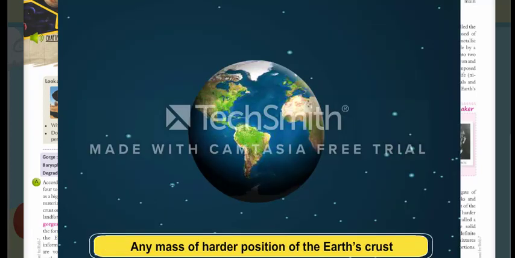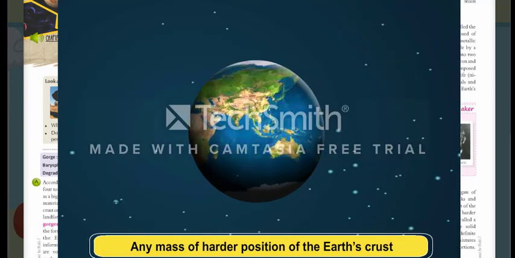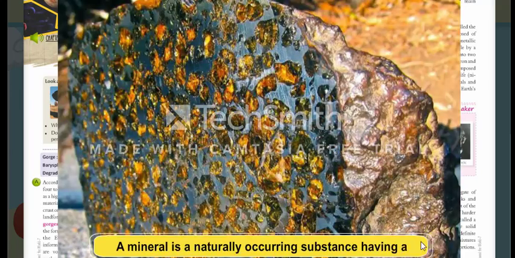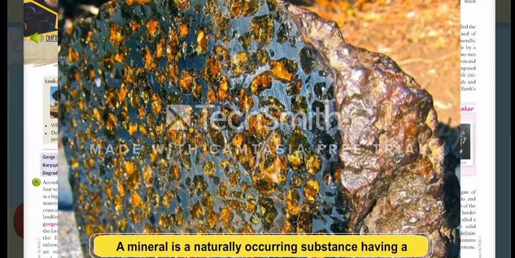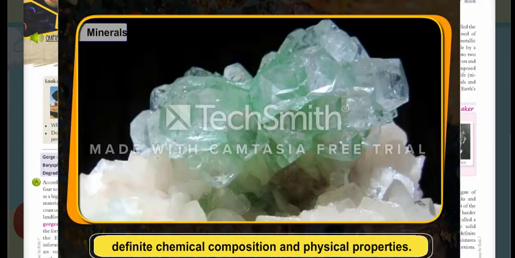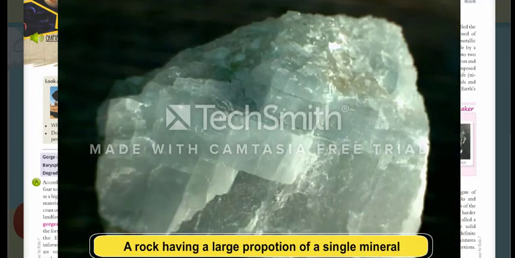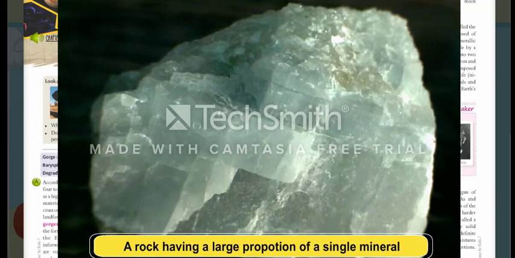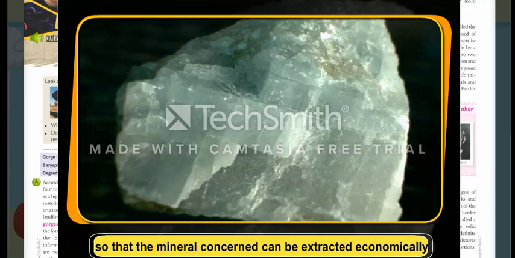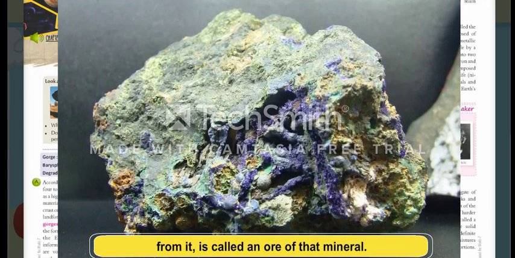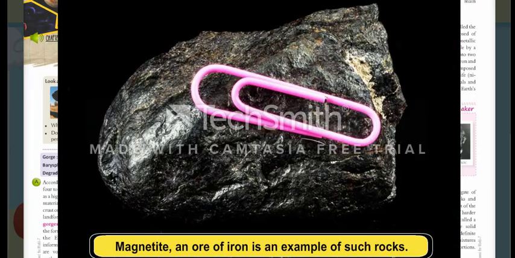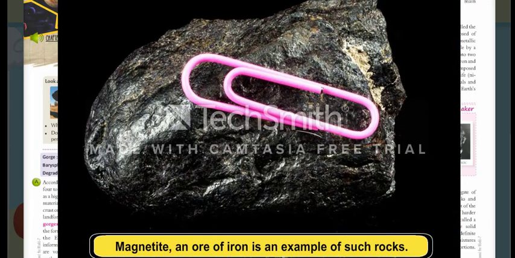Any mass of a harder position of the Earth's crust can be called a rock. A mineral is a naturally occurring substance having a definite chemical composition and physical properties. A rock having a large proportion of a single mineral so that the mineral concerned can be extracted economically from it is called an ore of that mineral. Magnetite, an ore of iron, is an example of such rocks.